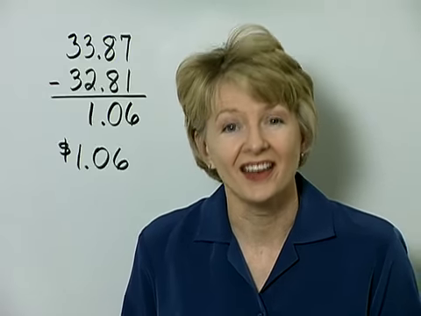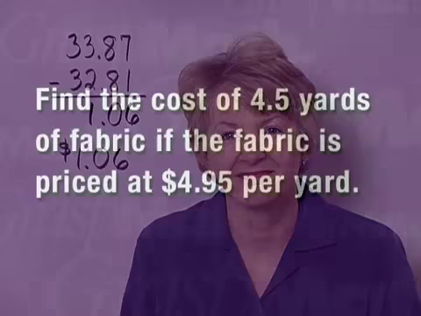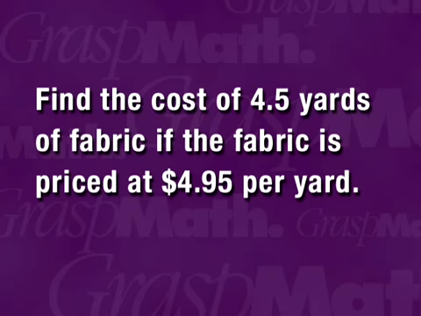Let's now try another application. Find the cost of 4 5/10 yards of fabric if the fabric is priced at $4.95 per yard. So we want the cost of 4 5/10 yards of fabric if the fabric is priced at $4.95 per yard.